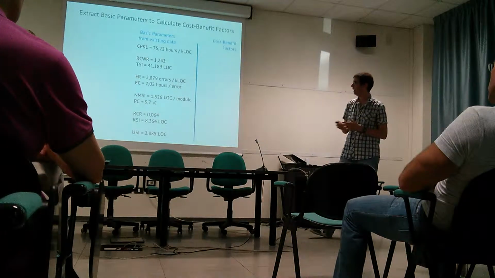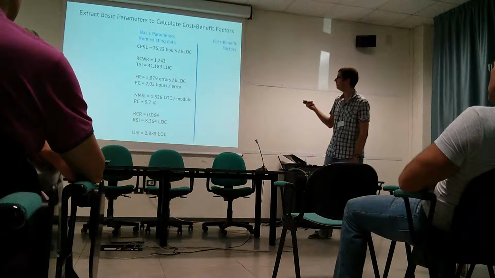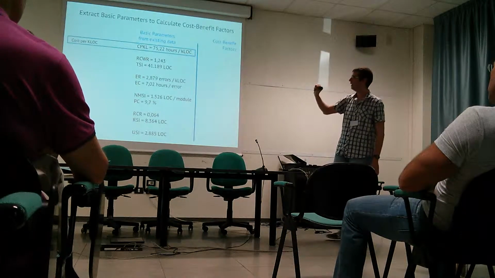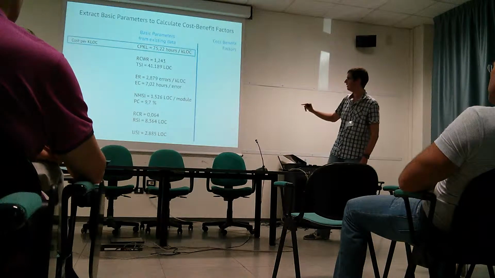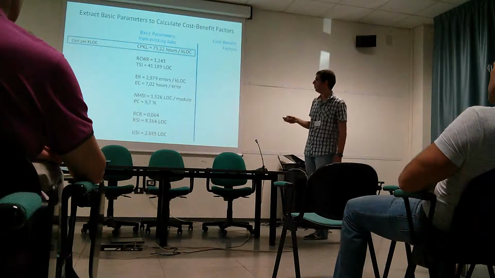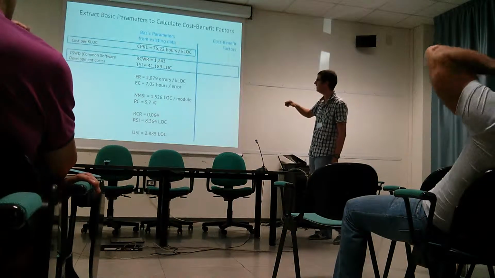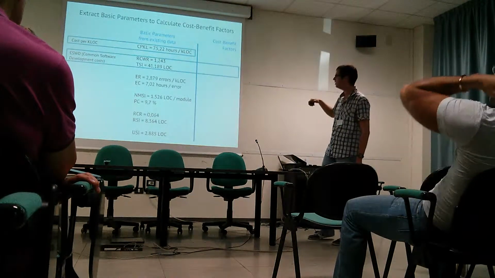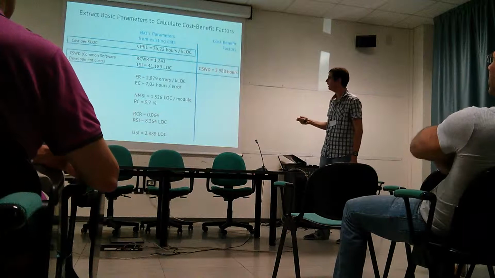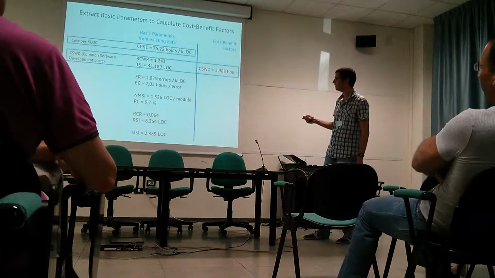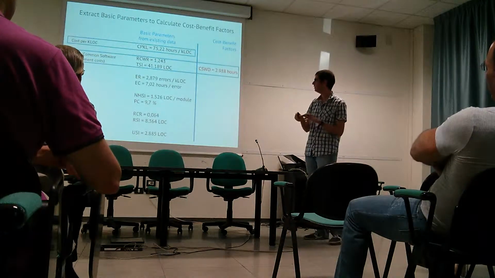So we could take the basic 10 parameters that I was mentioning before. The first one is the cost per kilo line of code, the amount of hours of creating 1,000 lines of code, and then the cost benefit factors. For instance, for the common software development costs, we took the total source lines of code and multiplied it by the number of hours and the relative cost of writing for reuse, the extra cost that implies writing for reuse.